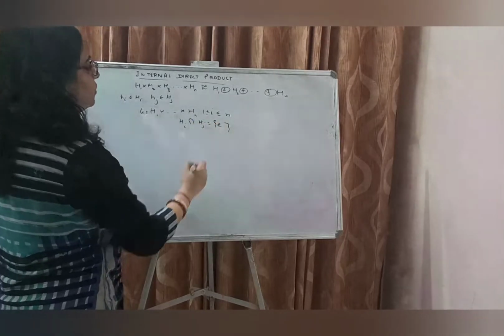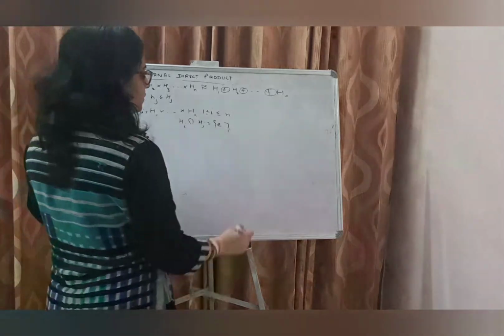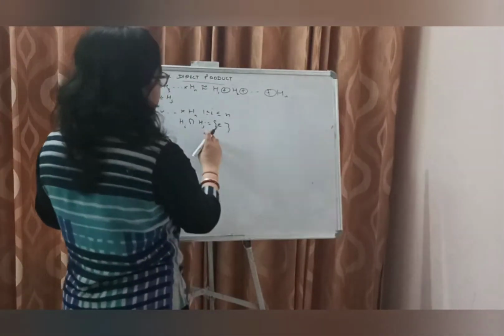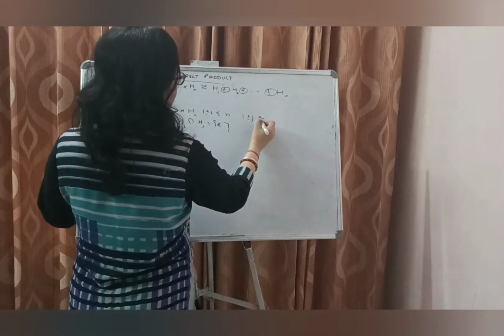Rather, any two subgroups will have only the identity as a common element, and j lies between 1 and n.